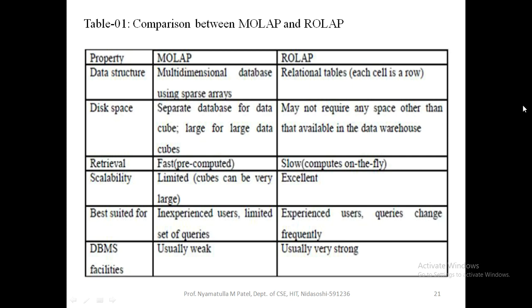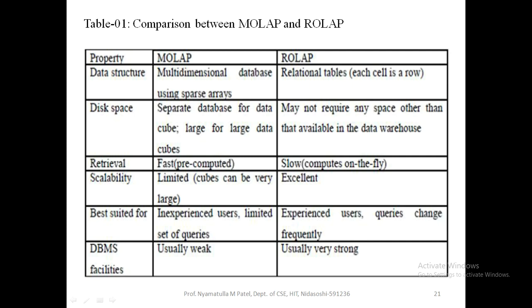Now, first take the data structure. MOLAP is a multi-dimensional database using sparse arrays. Here the data is stored in the form of arrays, and in MOLAP we have pre-computed data cubes.